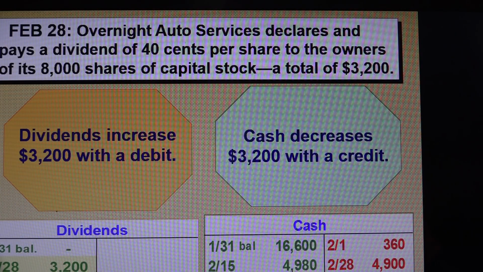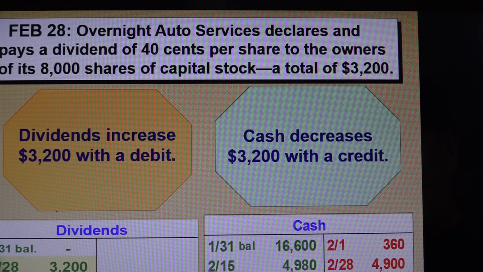What we are not seeing is the fact that for each one of these transactions, before we post to the ledger accounts, we have to, for almost all accounts, if they're routine, which all of these are, we have to record them, we have to journalize them in the general journal first.